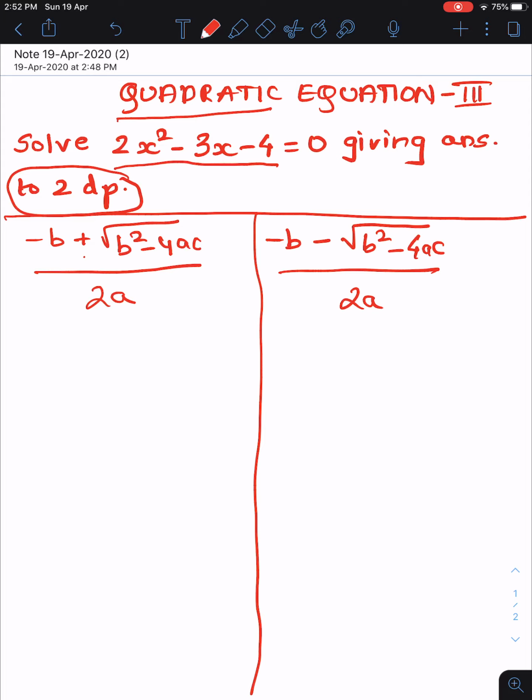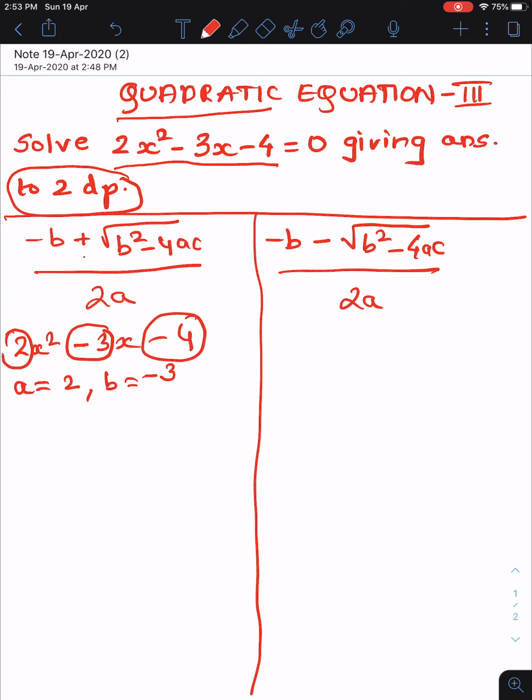Now how to solve? First step, 2x square minus 3x minus 4. The number before x square is always your a along with the sign. Remember, if it is plus, nothing is given, it is plus. The b part will be the value before x, which is minus 3, and the c part is the constant.